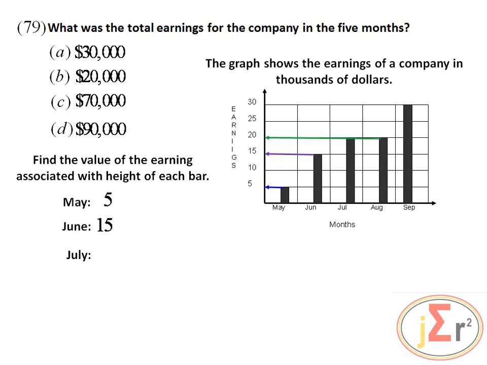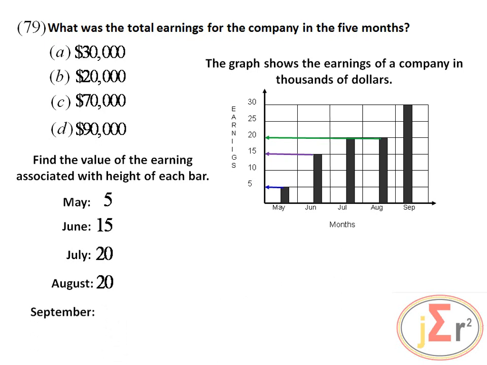Can we take July and August together? So we are at July. So instead of taking July by itself, we realize that July and August are on the same level. So we can take them together. So what is the number for July? 20. If they're on the same level, what is the number for August? 20. Good. So we need to determine the total earnings.